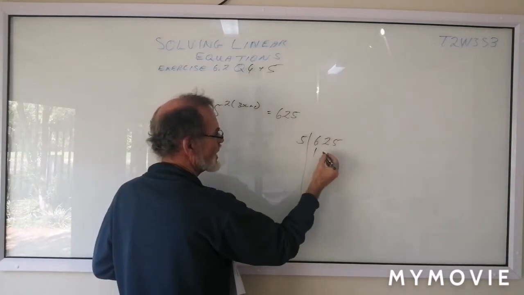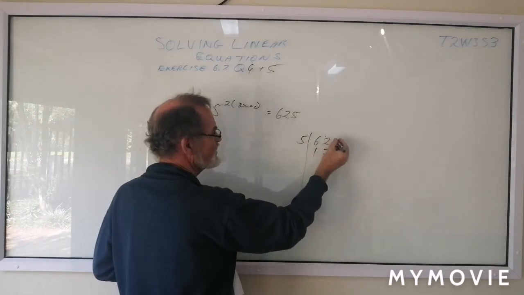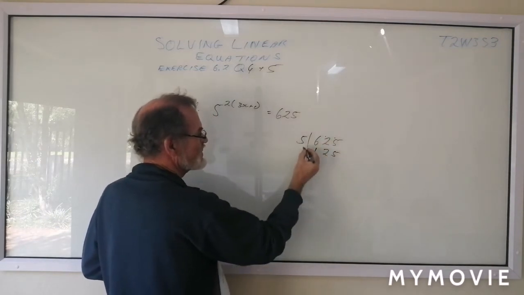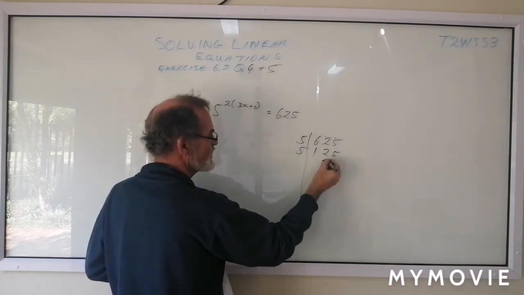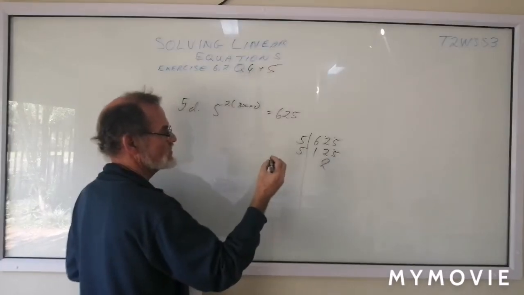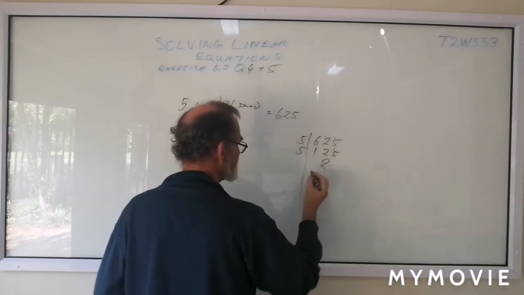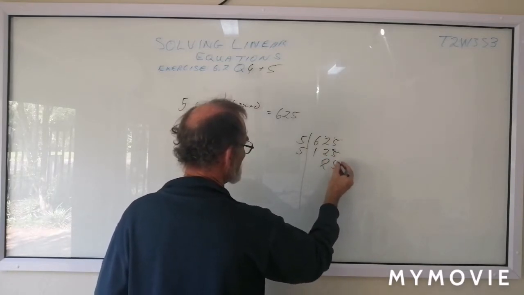5 goes into 6 once, carry 1. 5 goes into 12 twice, carry 2. 5 goes into 25, 5 times.